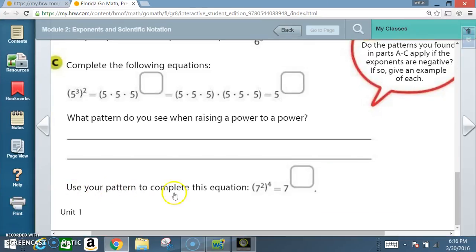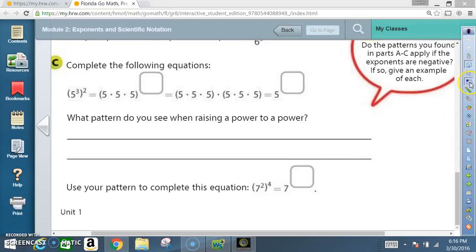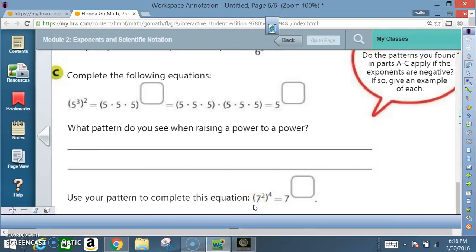Okay, so now let's apply this theory to this problem. We have 7 to the 2nd raised to the 4th. No need to write all of that out. All we got to do is we have a power raised to a power. What's 2 times 4? 8. And we are finished.